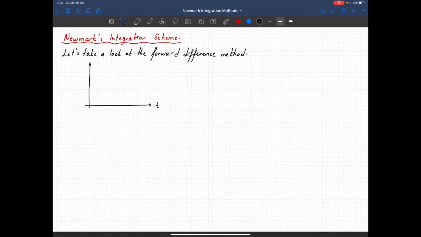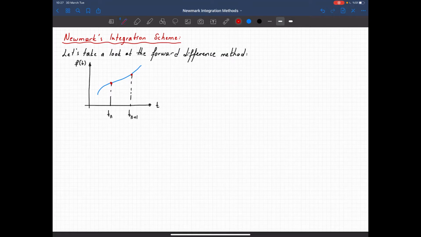So that's t, that's f of t, and we have a curve like this. We said that that's Tn, that's Tn plus 1.